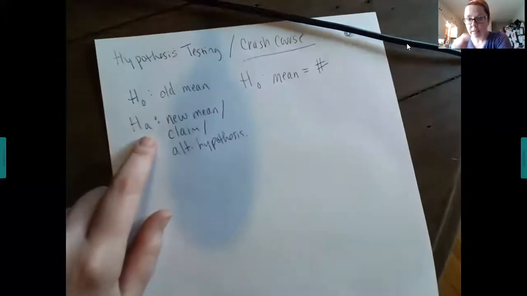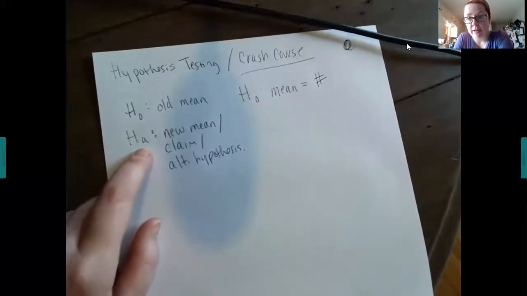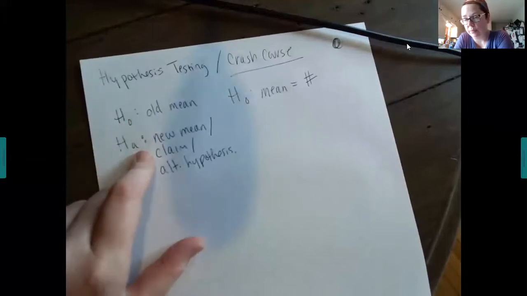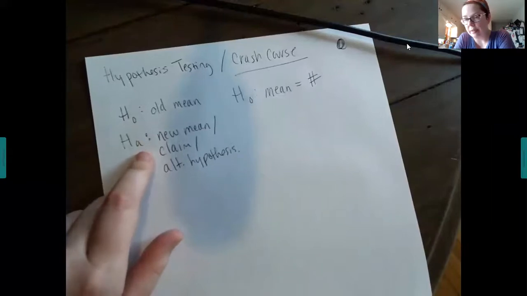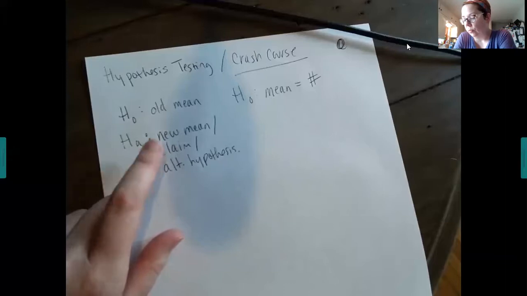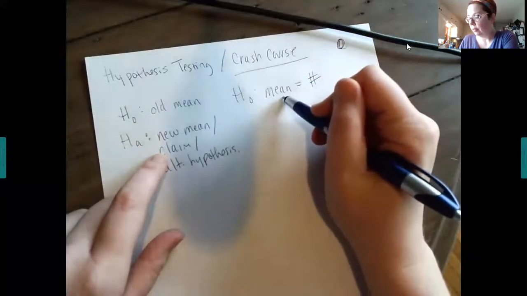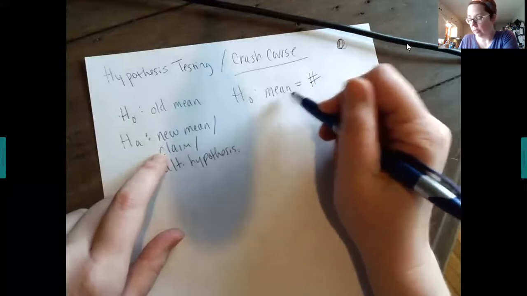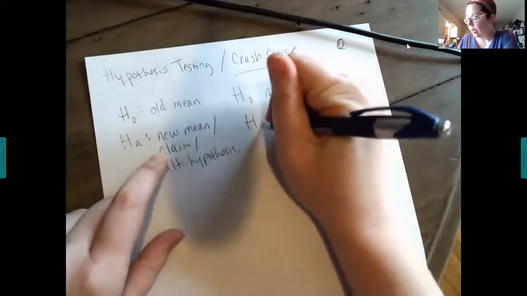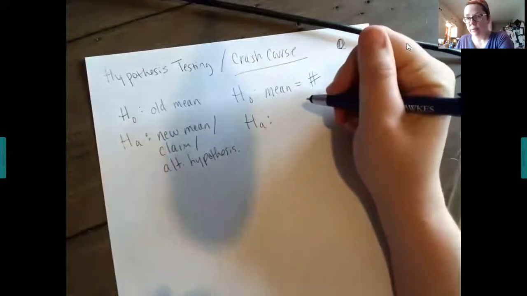You're going to see either an A here, A for alternative, or sometimes you see a 1, like this is 0, this is 1. But it means the same thing. So this will be our new thing. Now, when we set up our hypothesis, if we're saying the mean equals this number, our claim will have 3 different kinds.